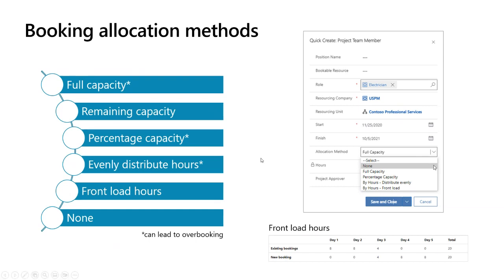To make it more clear, if we look at this example with the front-load hours allocation method, if we want to book 20 hours from this resource in a week, but 20 hours are already booked, our new booking will consume the remaining capacity as shown here in the screenshot.